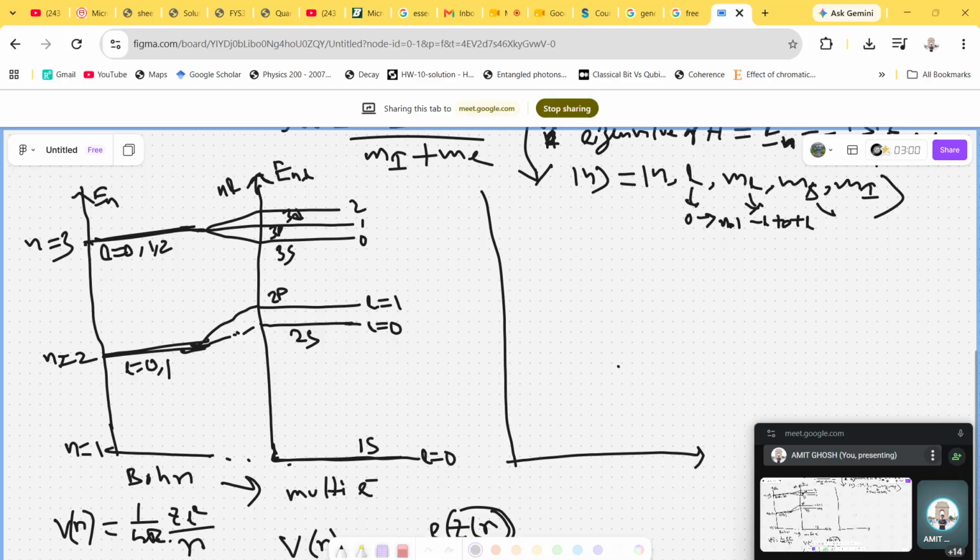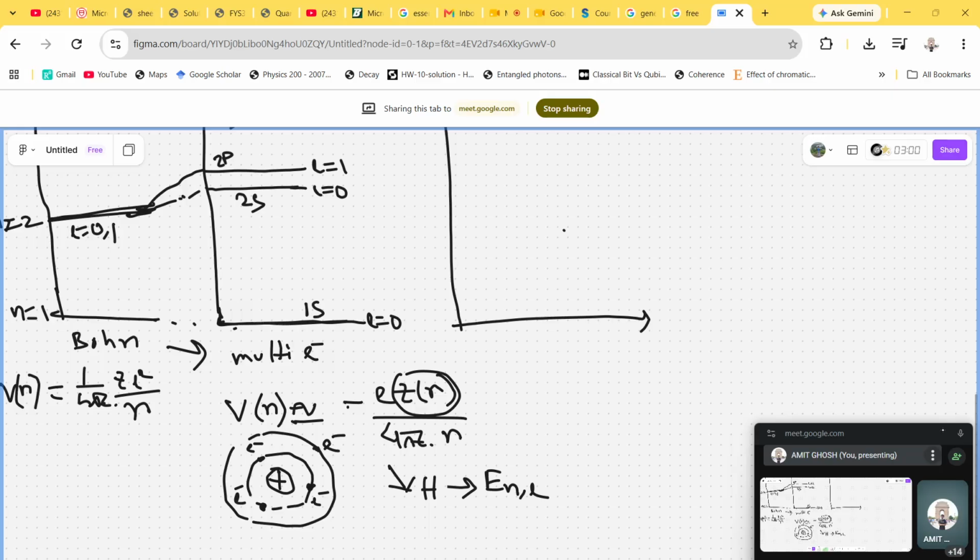Now next, what people thought, okay, this is not the end. So then people thought that spin orbit coupling can be there, right? Electron spin can couple with the orbital angular momentum. So you can have a spin orbit coupling Hamiltonian also, another extra term in the Hamiltonian.